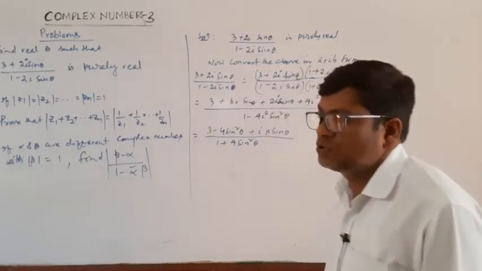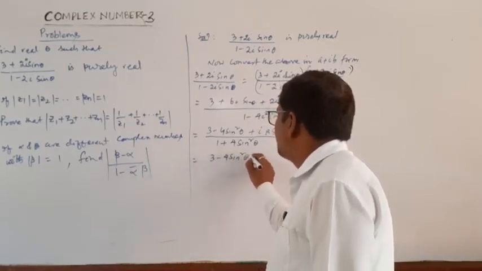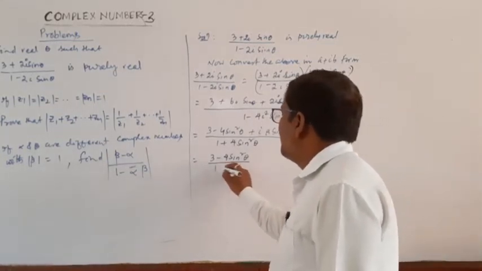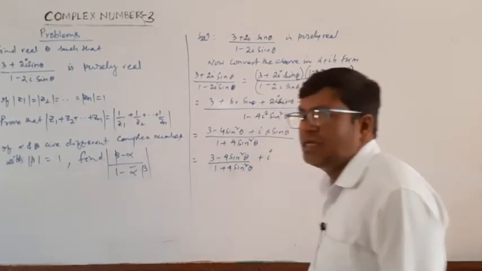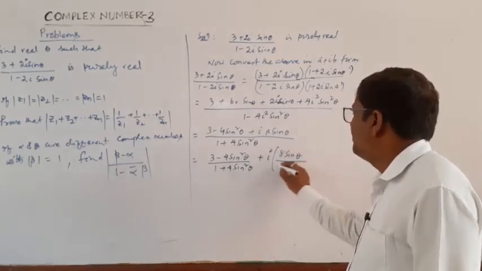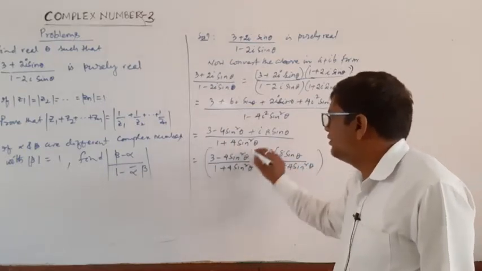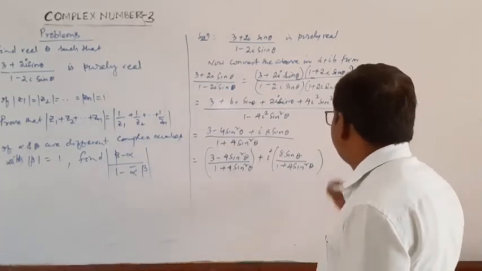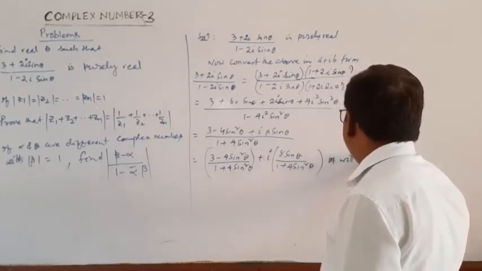Now convert into standard form, that is (3 − 4 sin² θ) divided by (1 + 4 sin² θ) plus i into 8 sin θ divided by (1 + 4 sin² θ).